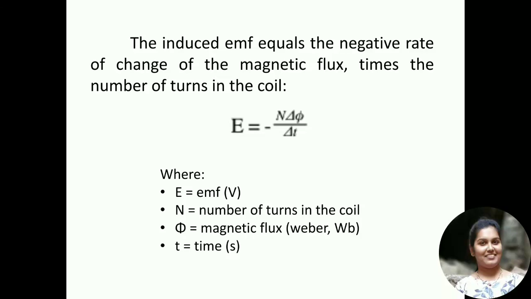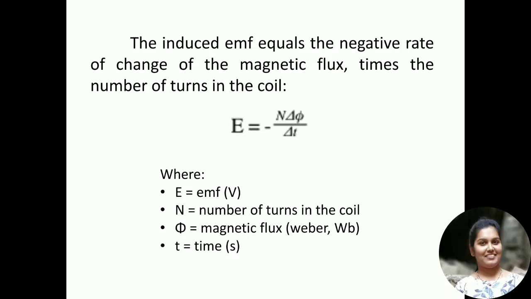N is the number of turns in the coil. So the amount of voltage or EMF being induced will be directly proportional to the number of turns that you are taking. So E will be directly proportional to the number of turns of the coil or wire, where phi is nothing but magnetic flux. In general, the unit for magnetic flux will be Webers, and t is nothing but time in seconds.